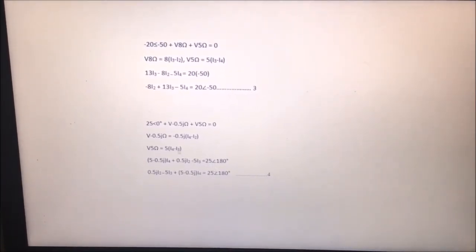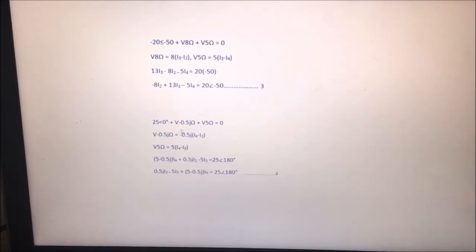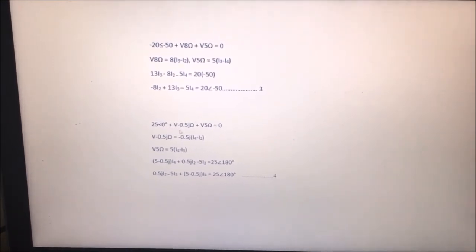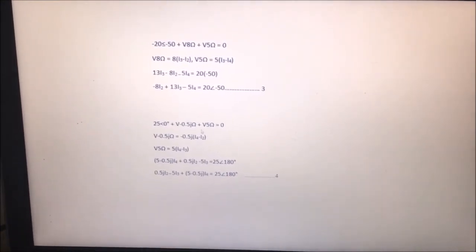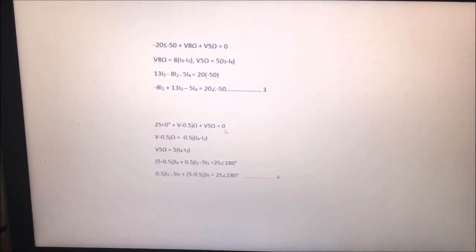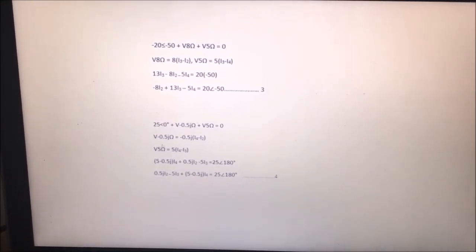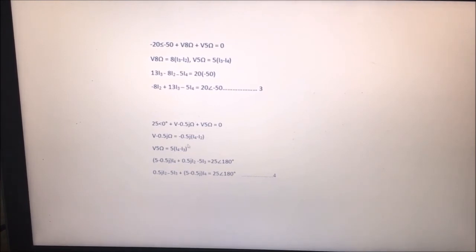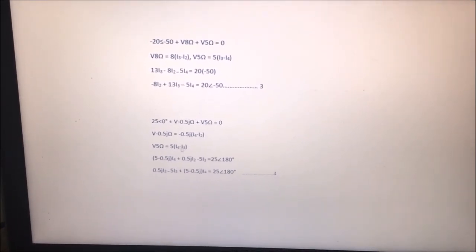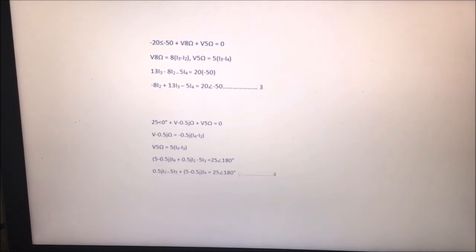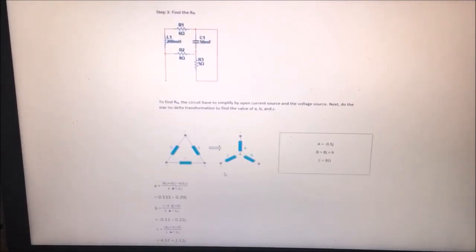For loop 4, 25 degree plus V equals 0, and then V minus 0.5j equals 0.5j (I4 minus I2). Then we will get this loop 4 equation.